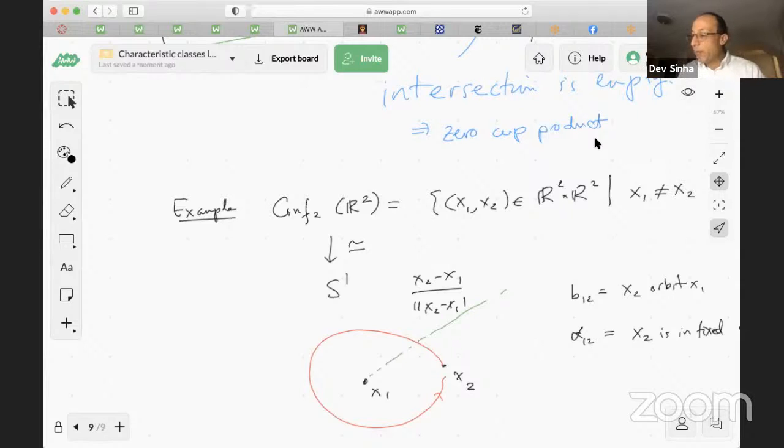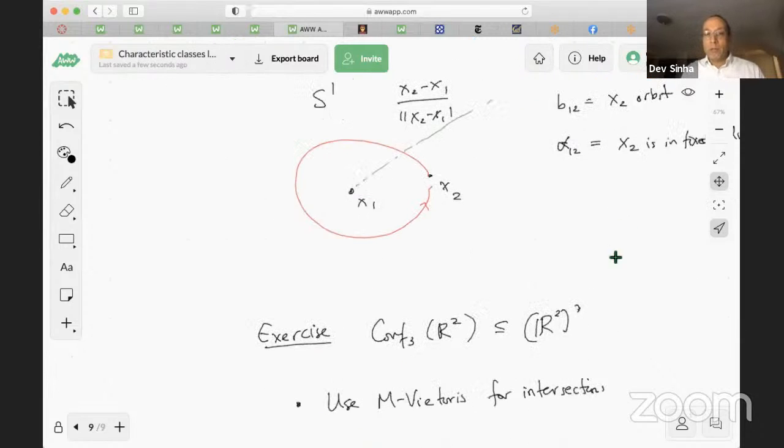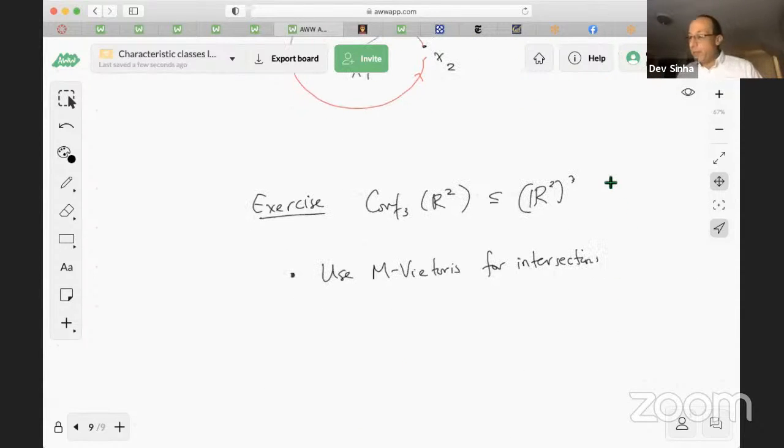This sits inside R2 cubed, which is contractible, but it's the intersection of various subspaces. I'm just going to name the conditions on the xi.